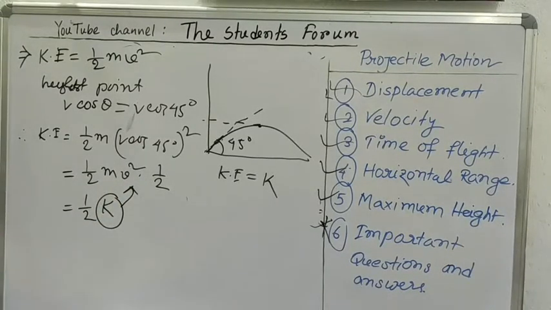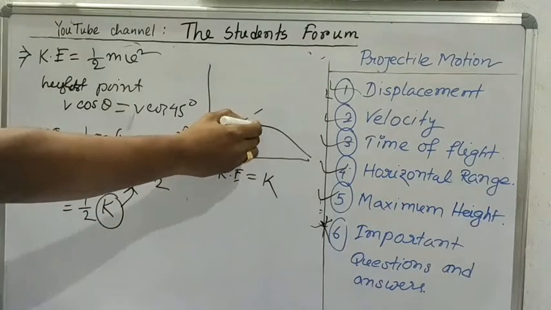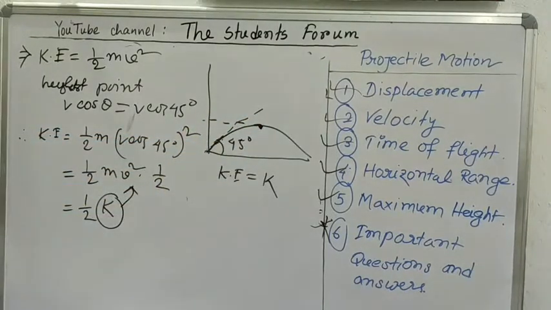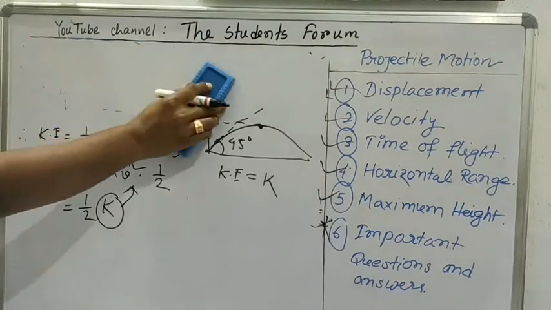So the kinetic energy at maximum height is always half of the kinetic energy at the starting point of the projection.